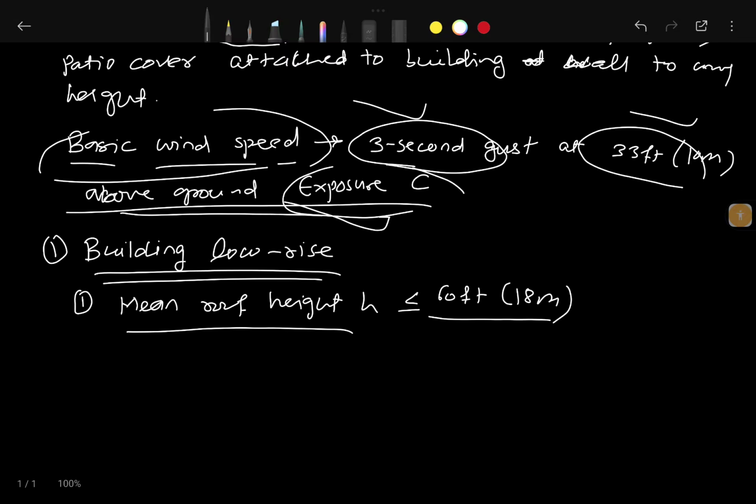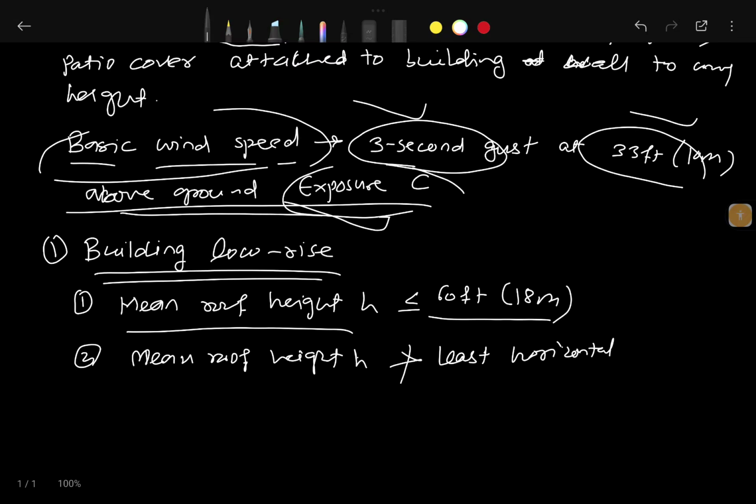That means the building is low-rise. The second condition is that the mean roof height H should not exceed the least horizontal dimension. So the height of the structure should not be greater than the least lateral dimension, the width or length of the structure. This is an important point I will tell you.